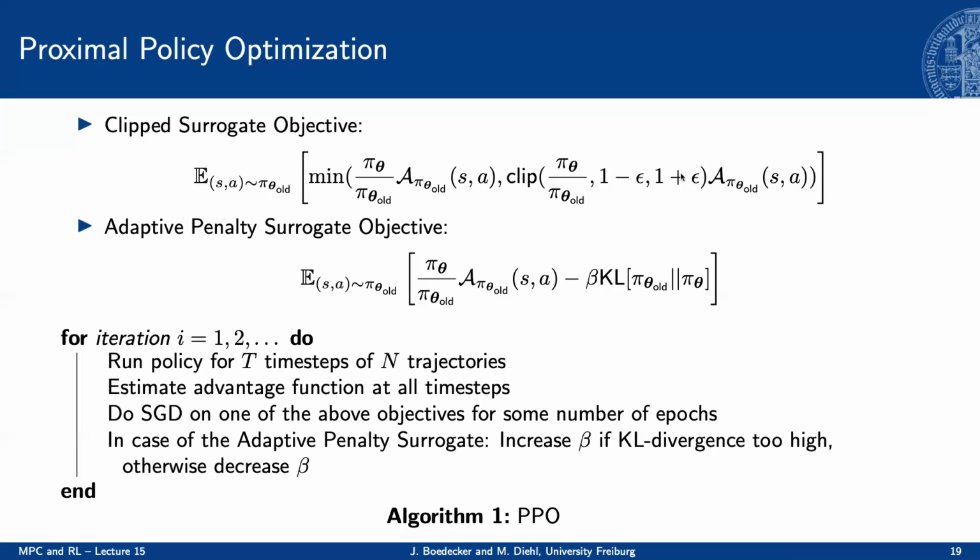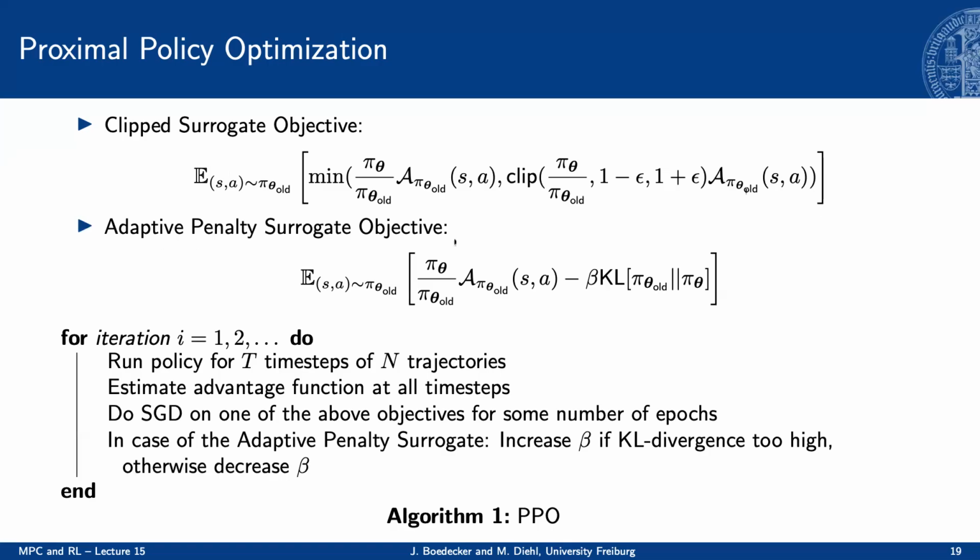So you just want to prevent your importance weights from being too large, and then you correct for that with this clipped objective.